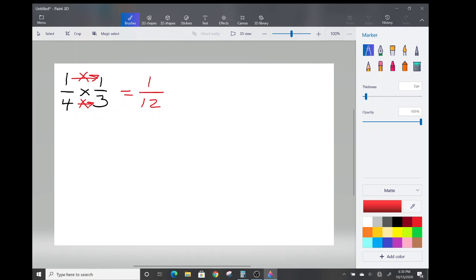If you had, let's say, 6 over 3 times 3 over 6, 6 times 3, 3 times 6, so that's going to be 18 over 18, or it's 1.0000.